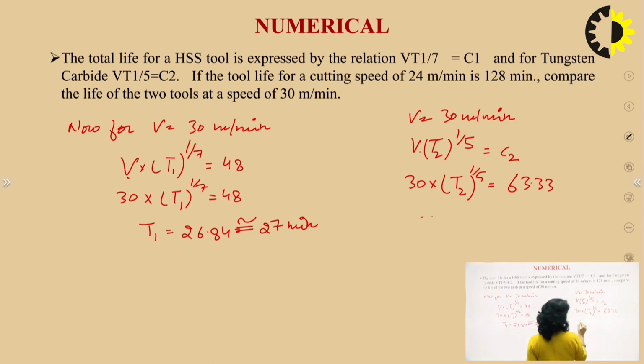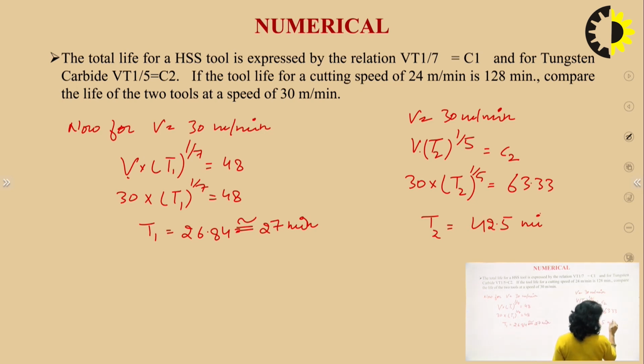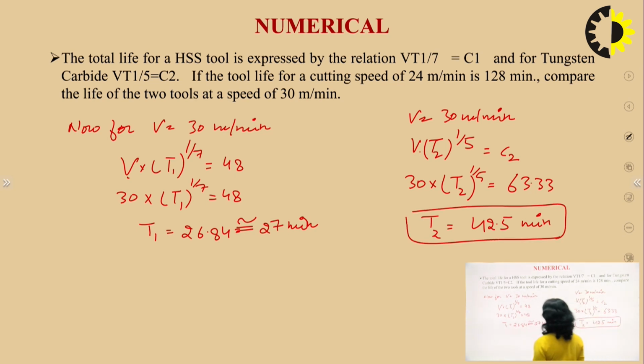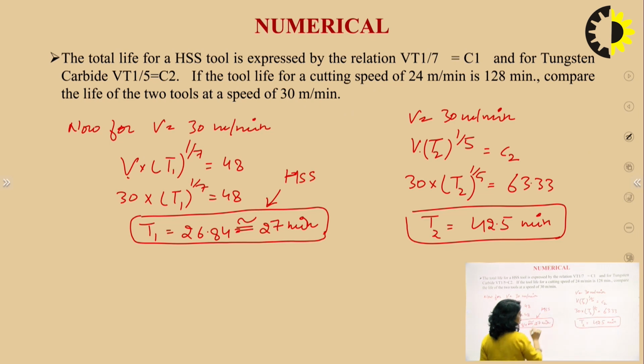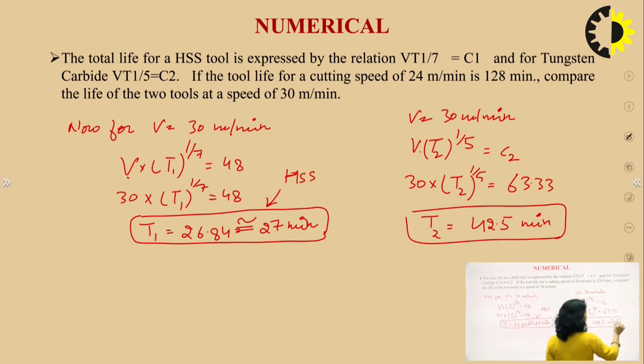We will solve it for T2 and get 42.5 minutes. This one is the tool life for the HSS, and this is for the tungsten carbide.